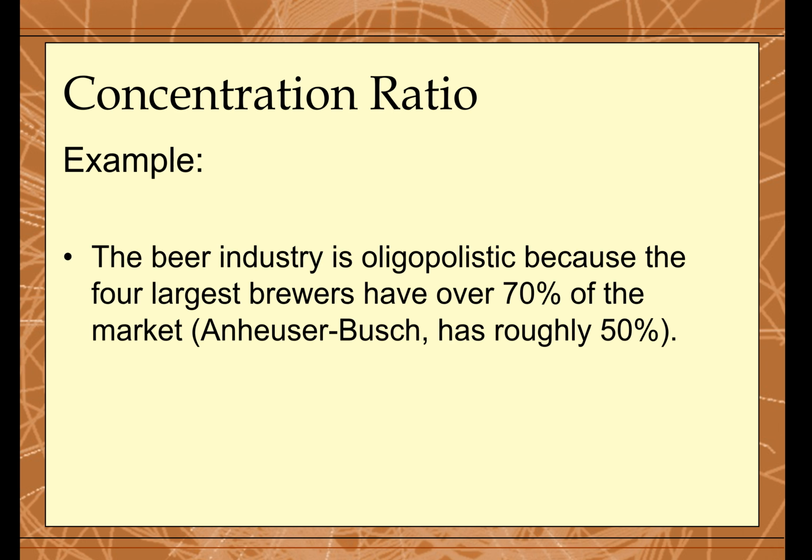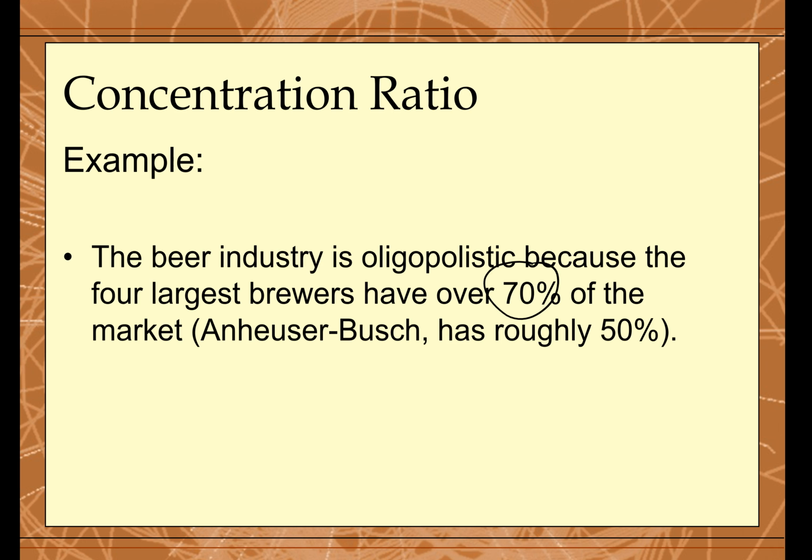So let me give you an example here. Let's say, okay, again, let's talk about beer. The Anheuser-Busch by themselves has roughly 50% market share. So it has a concentration ratio greater than 70%. And that's usually the benchmark for being categorized as an oligopoly.